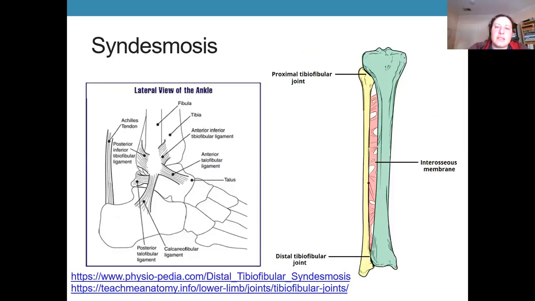There's an interosseous membrane between the tibia and the fibula as well. And then at your ankle, on the lateral or outside portion of your ankle, there are some fairly long ligaments joining the bones together there as well. So that also forms a syndesmosis. So literally anywhere where we have long collagen fibers joining two bones together, we have a syndesmosis.